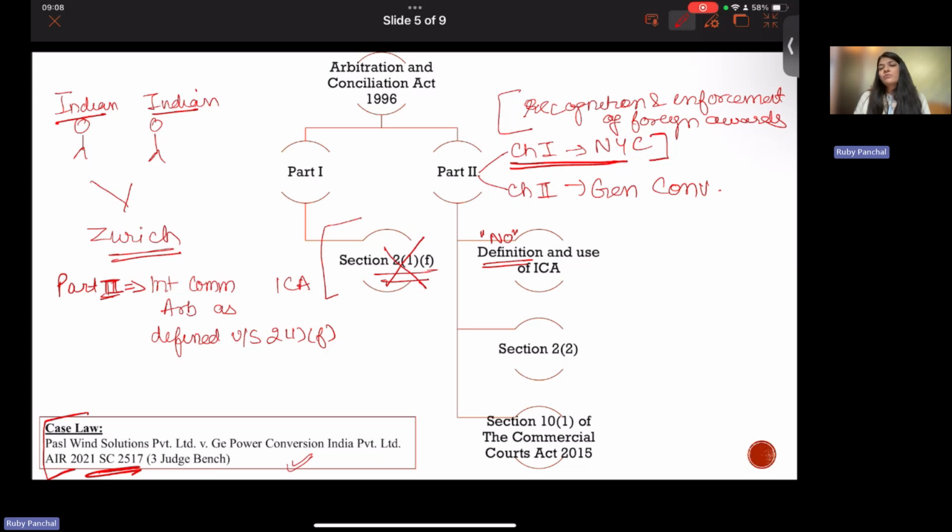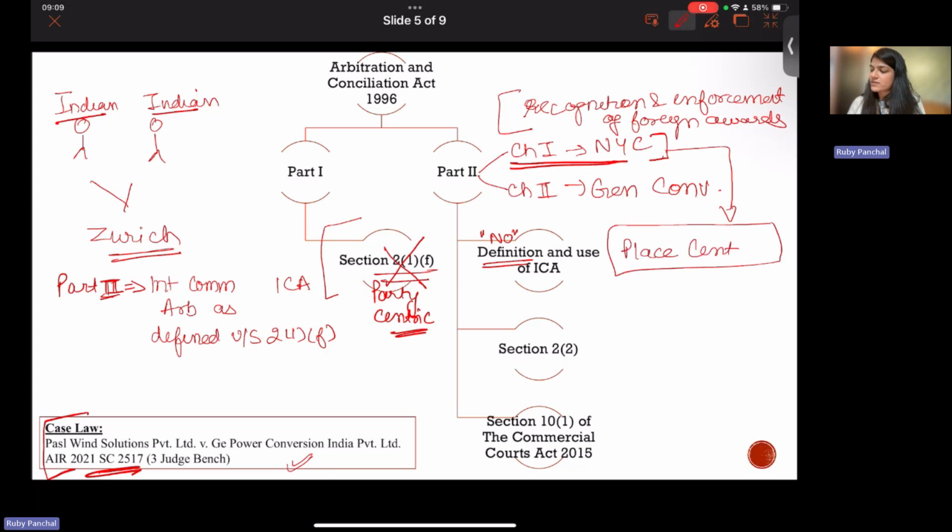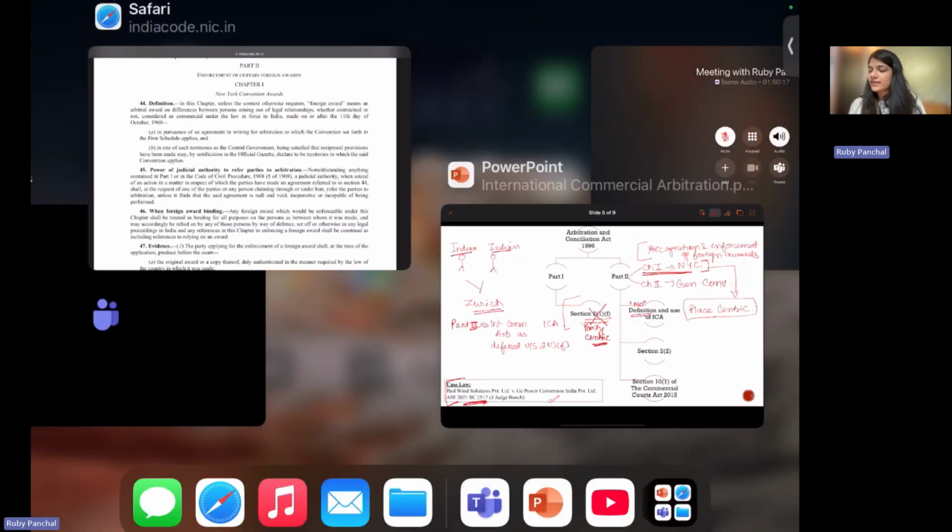The second thing that Supreme Court noted was, as we have already established that 2(1)(f) is a party-centric definition, the Supreme Court established that Part 2, which gives effect to New York Convention provisions, which is this Chapter 1, this chapter is essentially place-centric. What does this mean? We can get this from Section 44 of the Act as well.